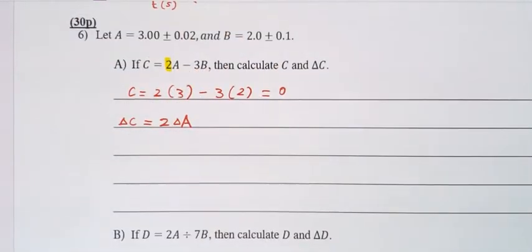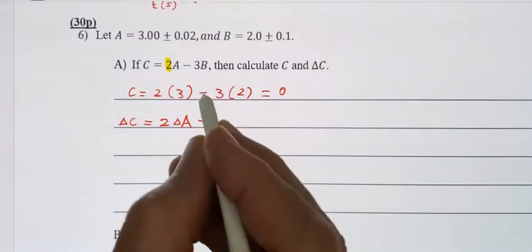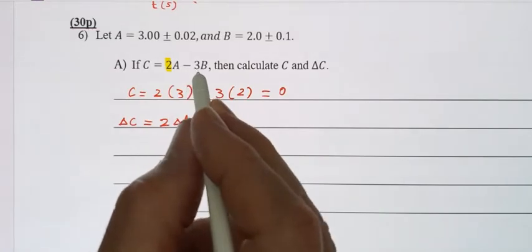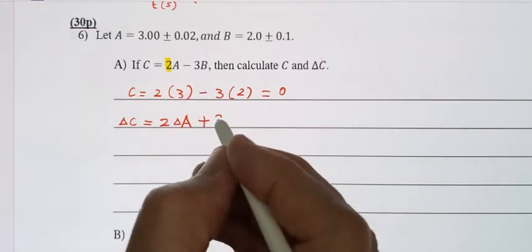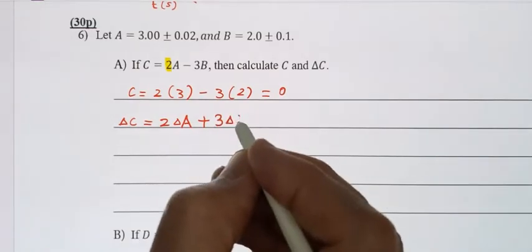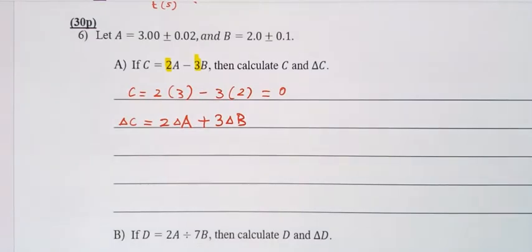Because here we have 2. And plus, minus or plus, we always add the error. 3 delta B. Why? Because in multiplication by a factor, we consider the factor.